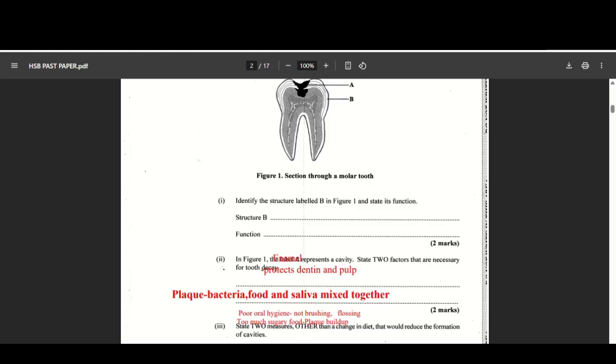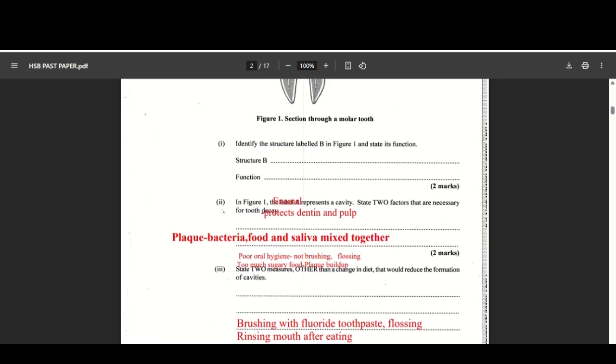Now the next question says, in figure 1 the label A represents a cavity. State 2 factors that are necessary for tooth decay.